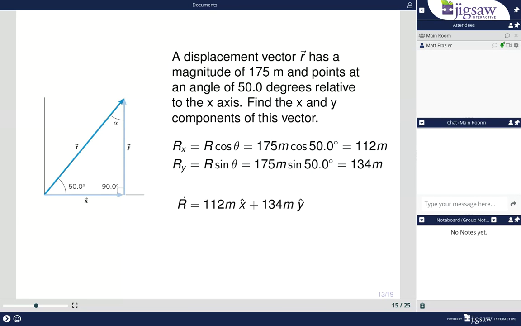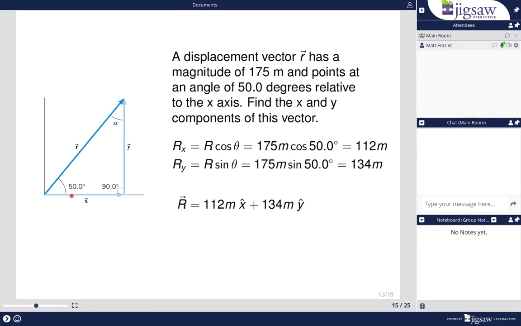We sit down and say, well, this side, the y side, is the opposite side. So the ratio of y and r should be sine of theta. And so we apply a formula we stated before: r sub y is going to be r sine theta. And that's 175 meters sine 50 degrees, and that's 134 meters. And x is the adjacent side to this angle.